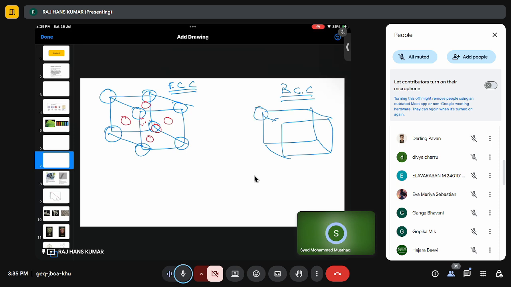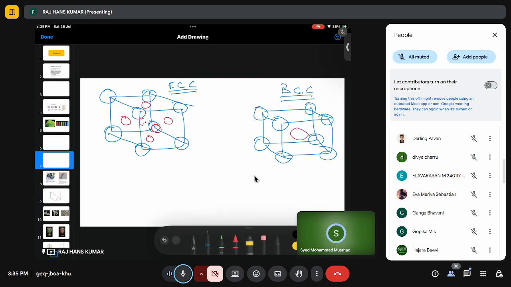Again, all the corner atoms are taken, and apart from the corner atoms, you will have a center atom. That's all. These are the basic crystal structures. You can even go for HCP, which is a little bit complex. You can look into it, or I can explain it in later sessions. It is not required here.